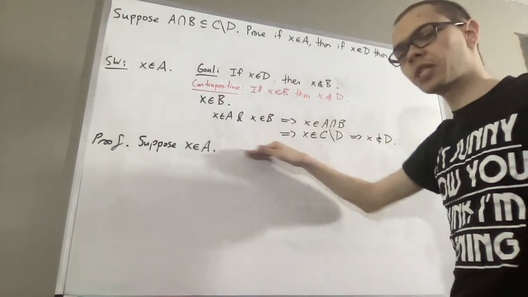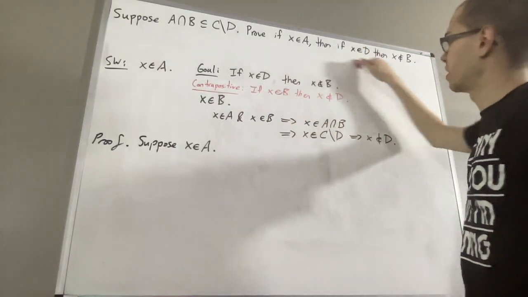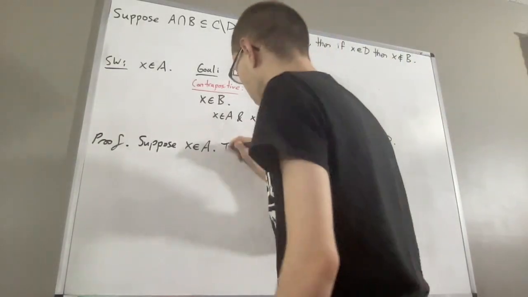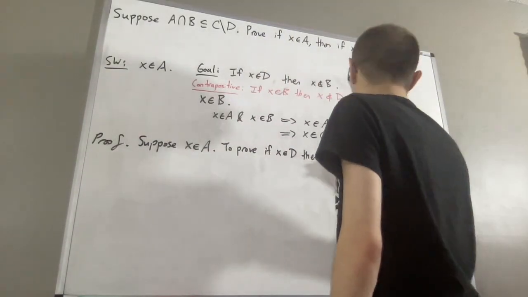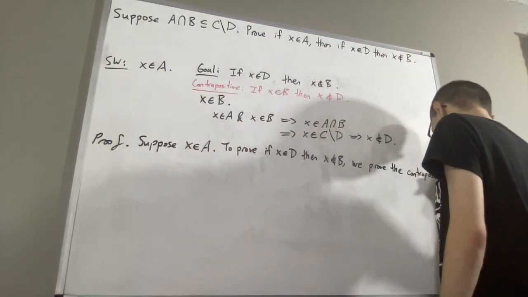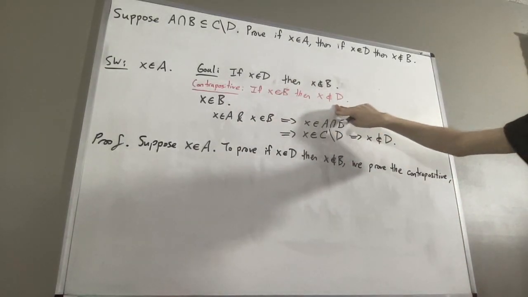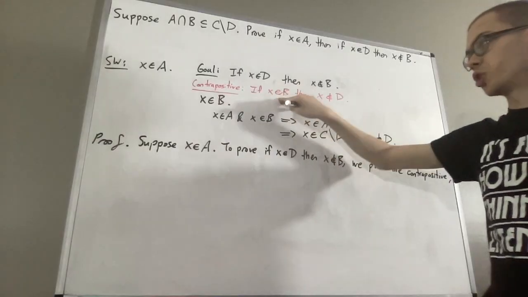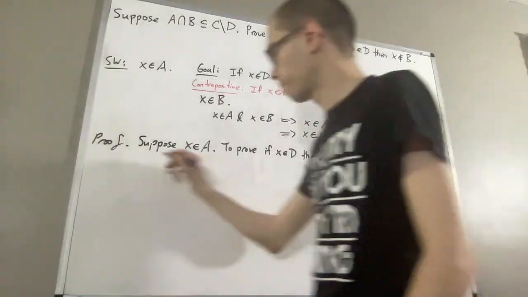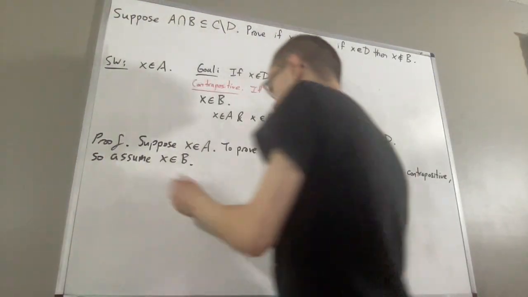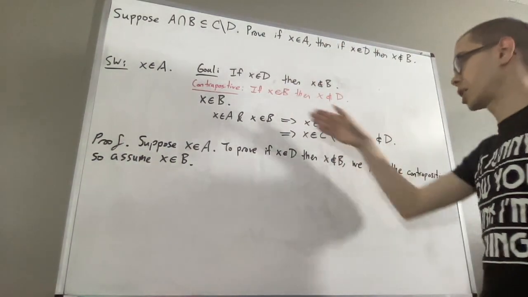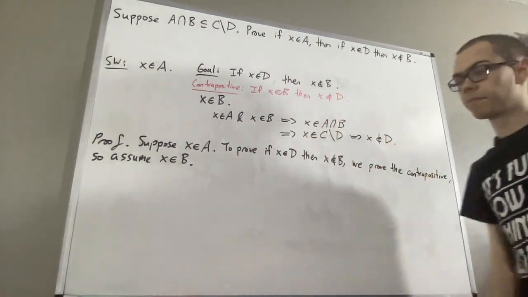So I'm going to note in our proof, we're proving the contrapositive of this statement. Which means we're proving this statement, right? We're proving it directly, so we assume x is an element of B. And from here, in our scratch work, we're able to logically deduce x is not an element of D.